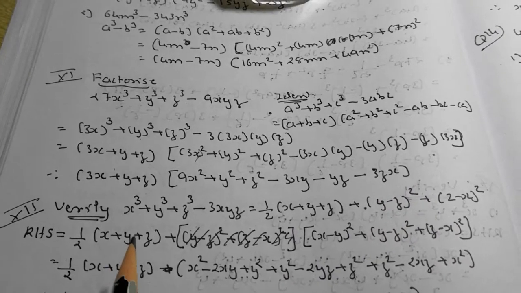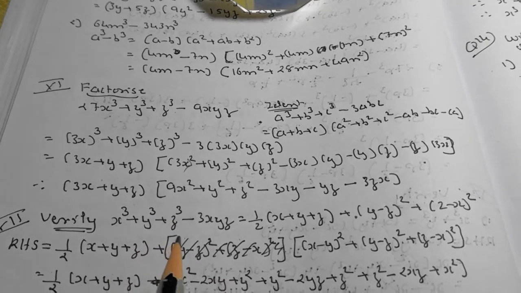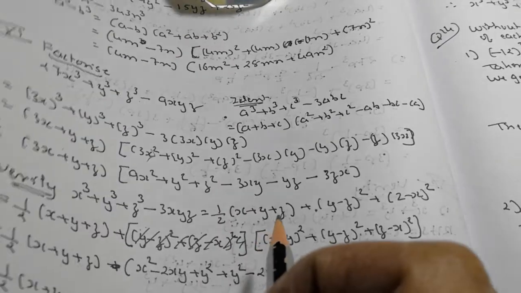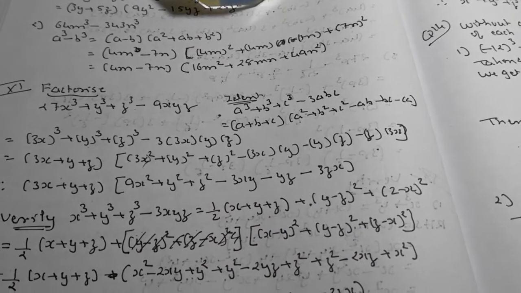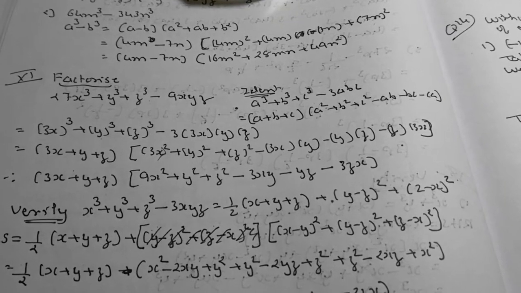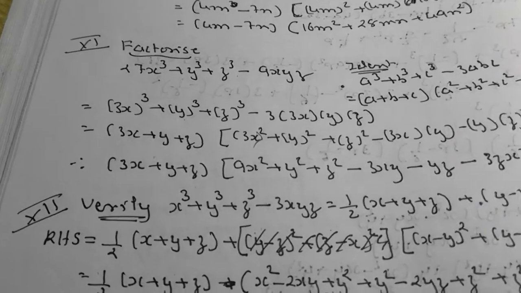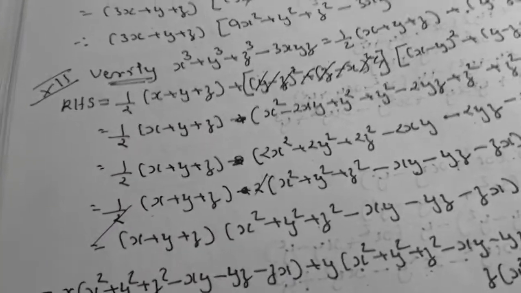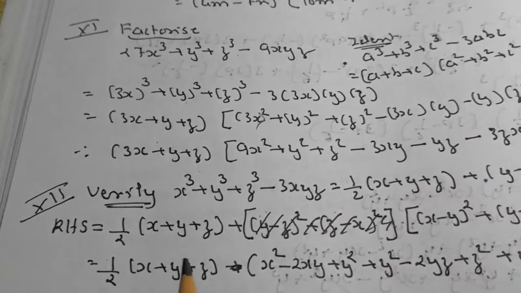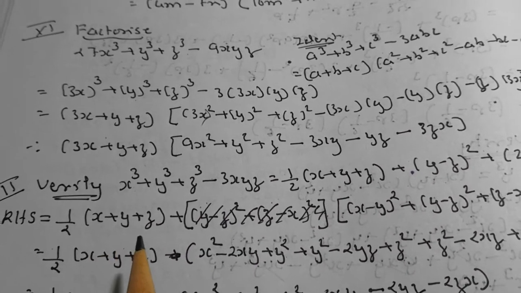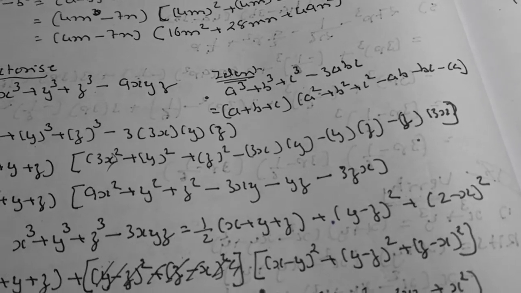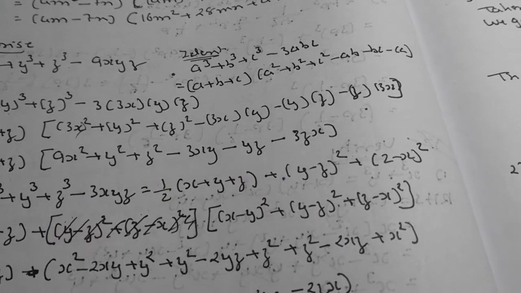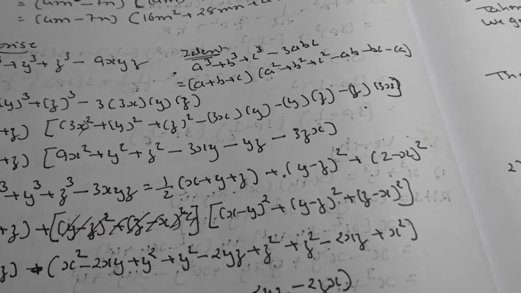Now you have to verify whether x cube plus y cube plus z cube minus 3xyz is equal to 1 upon 2 into (x plus y plus z) into [(x minus y) whole square plus (y minus z) whole square plus (z minus x) whole square]. So here we are going to take the right hand side. Okay, so the right hand side is 1 upon 2 into (x plus y plus z) into (x minus y) whole square plus (y minus z) whole square plus (z minus x) whole square.